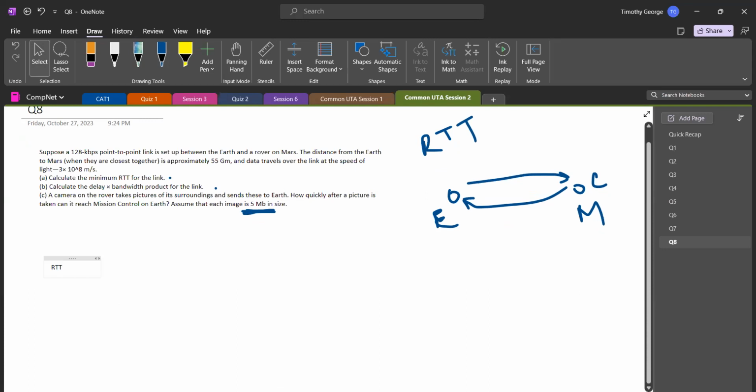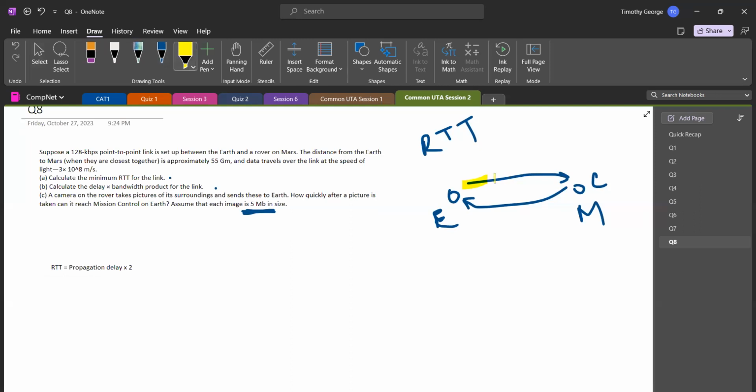So RTT, the round trip time, is basically going to be propagation delay into 2.